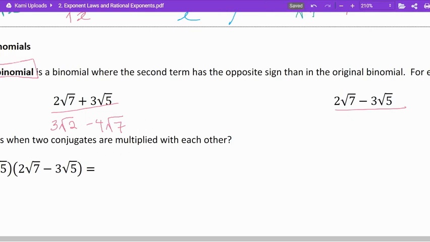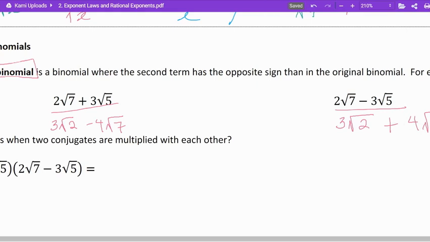That's a binomial, 2 terms. Write the conjugate. So I write the identical binomial, 3 root 2, 4 root 7, but what do I write in the middle? A plus. So this makes them conjugate binomials.